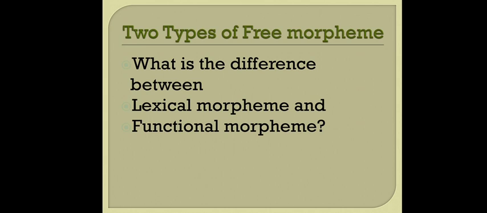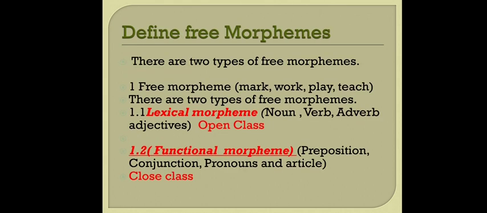Okay, let's talk about functional morphemes. Functional morphemes are those morphemes that are known for their functions. They are also known as grammatical morphemes. You can divide the parts of speech into lexical and functional morphemes, like noun, verb, adverb, and adjectives are lexical morphemes.